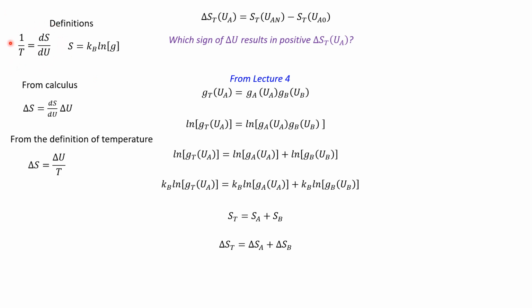And from the definition of temperature, we find that this term here is given by 1 over the temperature, so we get this expression for a small variation of the entropy. Using this expression for the variations of the entropy of system A and system B, we get this expression for a small variation of the entropy of the total system.